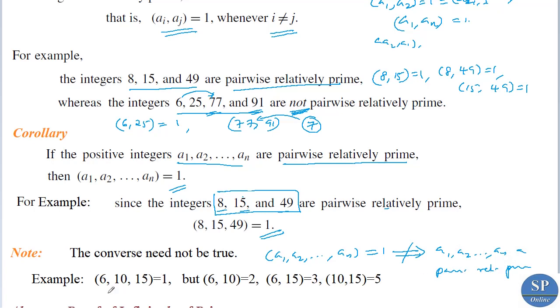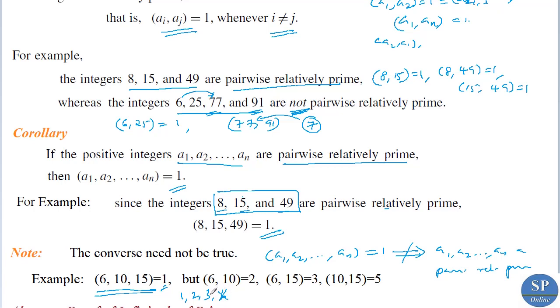For example, the gcd of 6, 10 and 15 is equal to 1. The factors of 6 are 1, 2, 3, 6. 6 is a factor of 6 but 6 is not a factor of 10, so this is not the gcd.